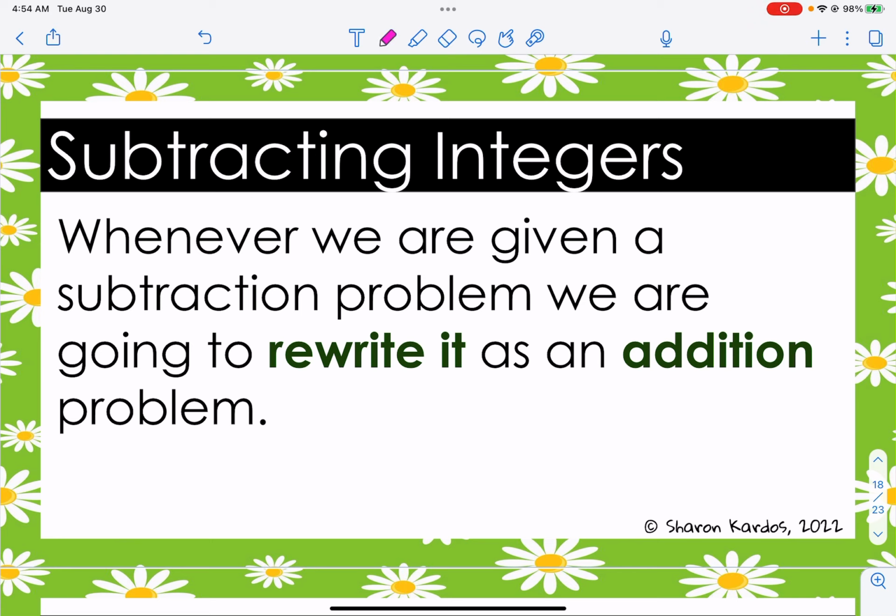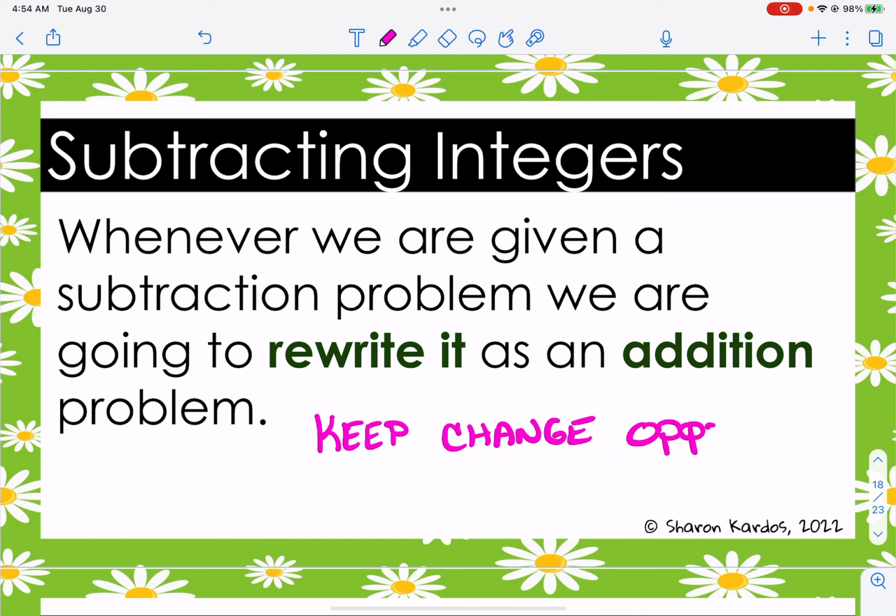Well, when we do subtracting integers, I like to think of it as keep, change, opposite. We're going to keep the first number. We're going to change the subtraction to an addition, and then we're going to take the opposite of whatever the second number is. So keep, change, opposite.